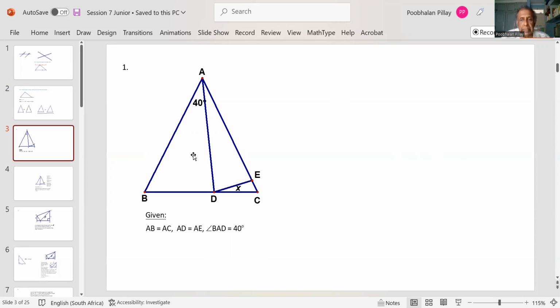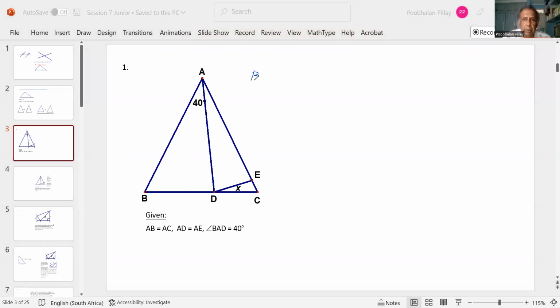All right. So in this case, if you look at this triangle, you can see I'm given that this angle here is 40 degrees. So we can name that angle. How do you name an angle? An angle is sitting between two straight lines. Every angle is sitting between two straight lines. So you start from one end of one straight line, go through that angle, and go up to the end of the other straight line.